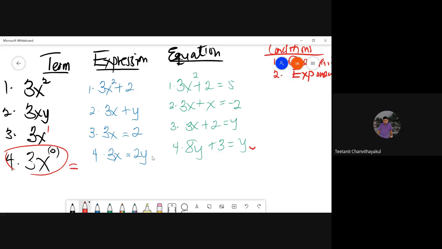Because they have only one variable. Okay, but number 1 also has one variable. But it has an exponent too. Number 1 has exponent 2, but number 2 is having exponent 1, and number 4 is having exponent 1, right? Yes. Okay, that is correct.